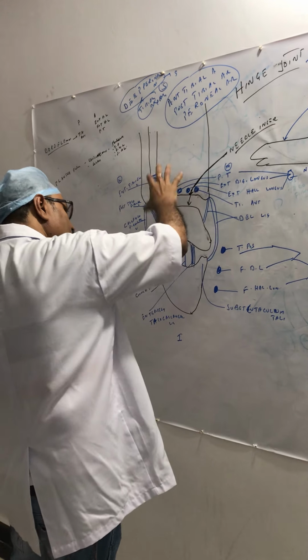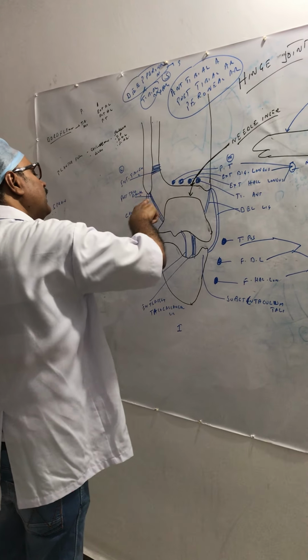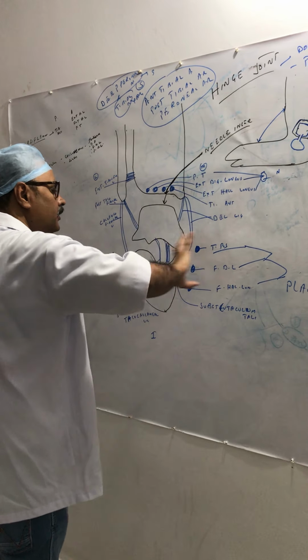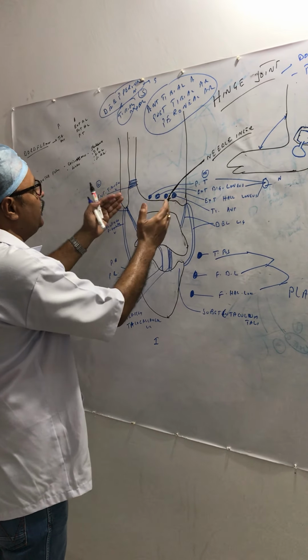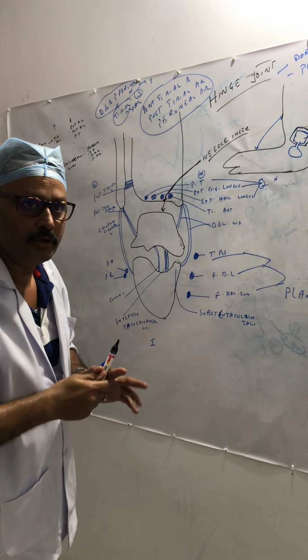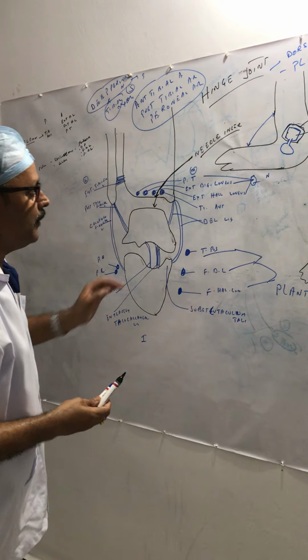If excess eversion is there, the lateral ligament will be torn and the lower part of the fibula will get torn, and once this or that pillar is torn, there is a high chance of subluxation or dislocation of the ankle joint, but this is a very rare condition.